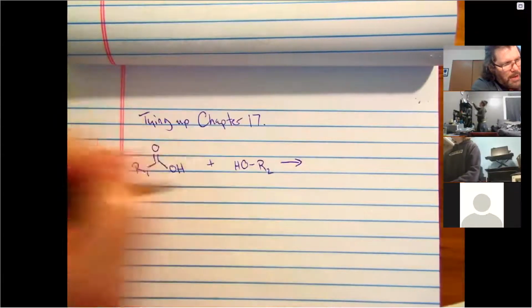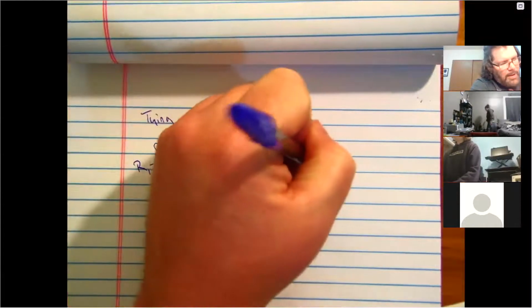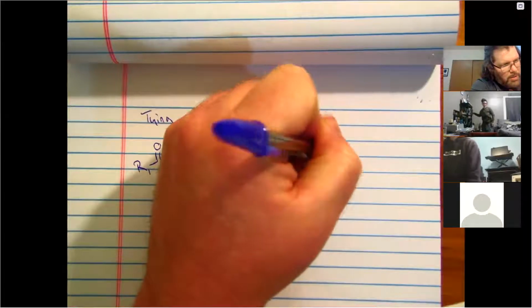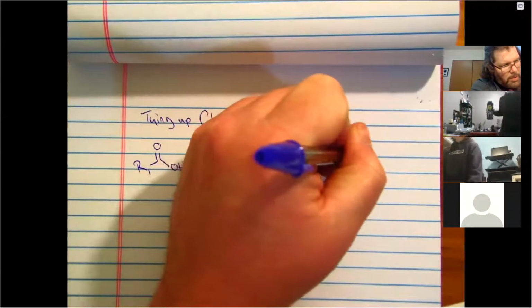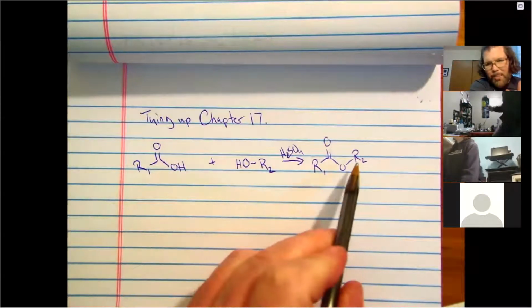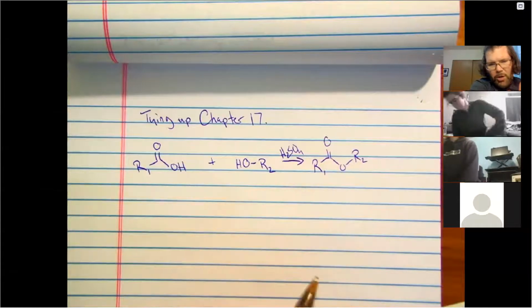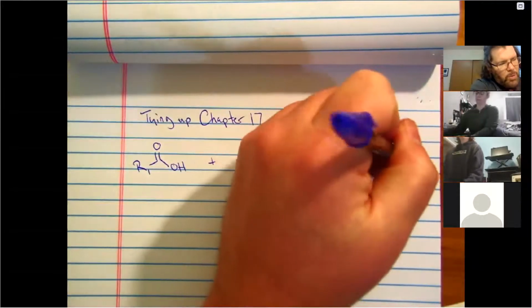If we put those together using an acid catalyst, we get an ester, where the alkyl group from the alcohol ends up attached to the oxygen that's attached to the carbonyl, and then also water.